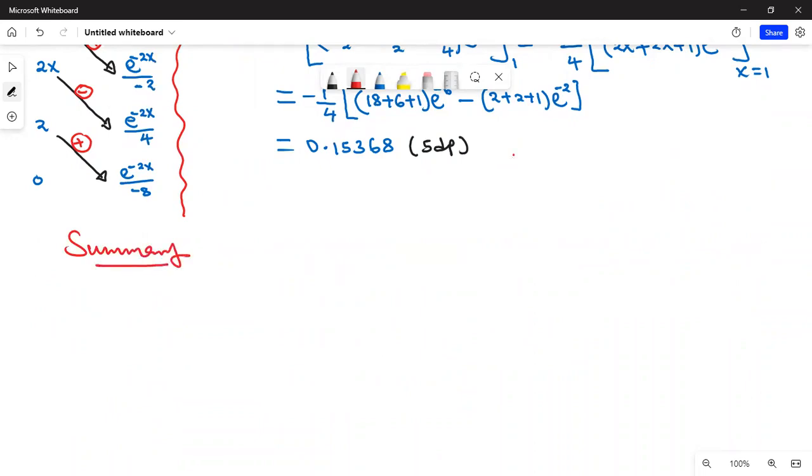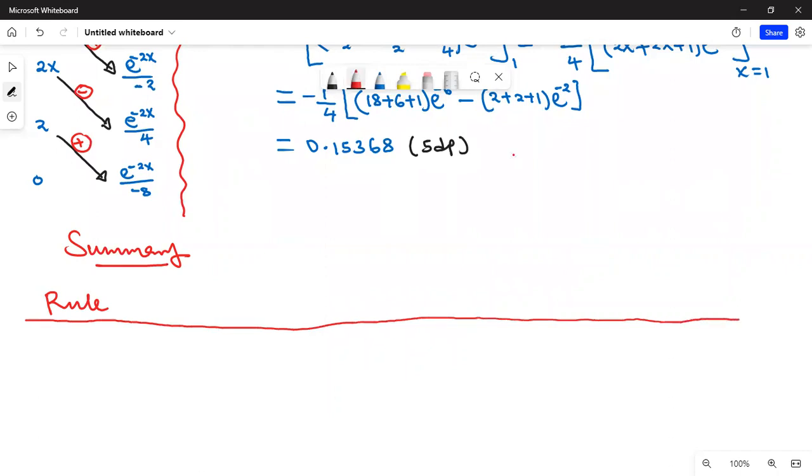We'll have a table of this manner. I'll have here the rule. So how many rules do we have? There are 3 rules. Number 1 is trapezoidal.